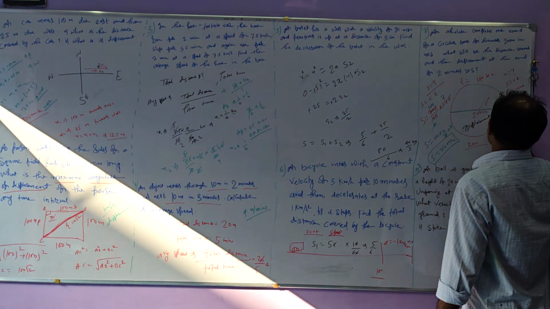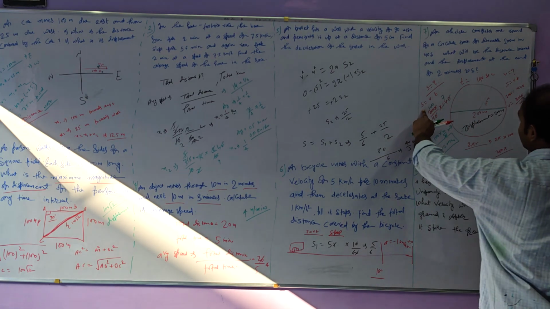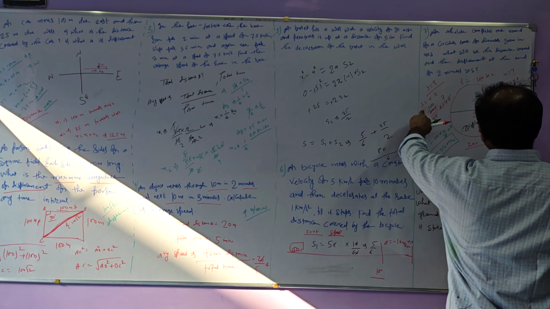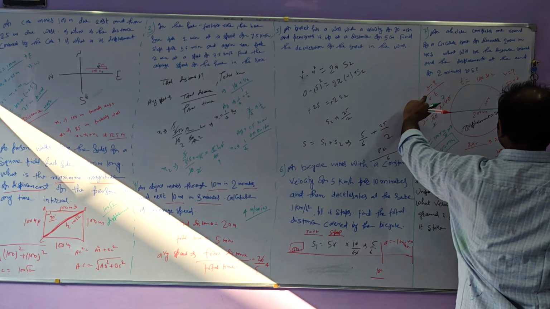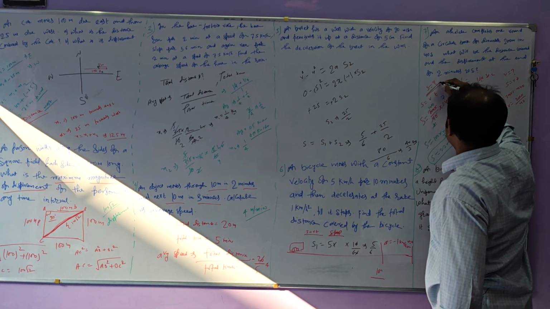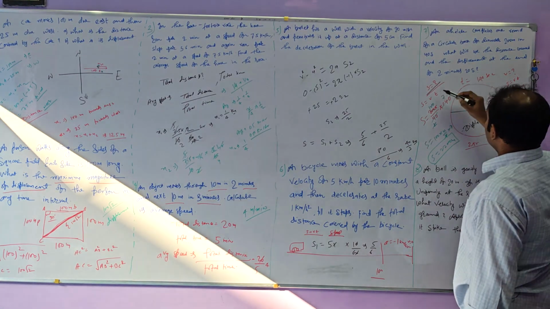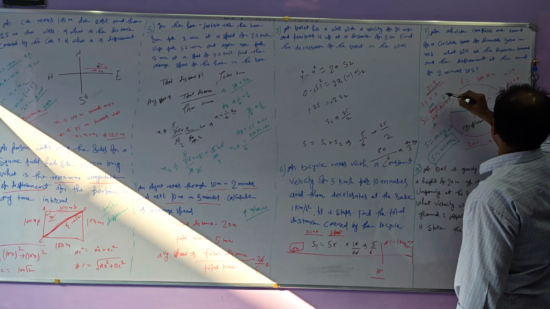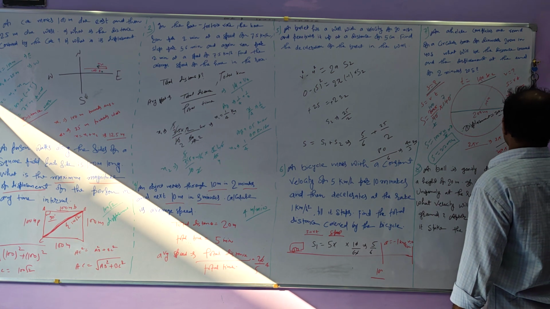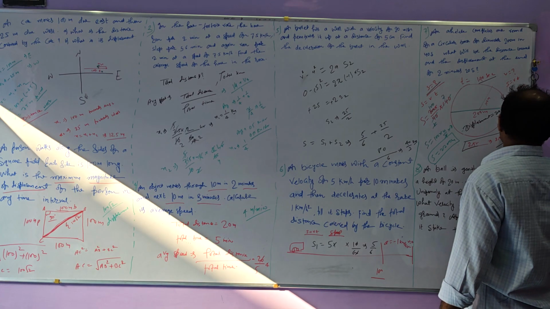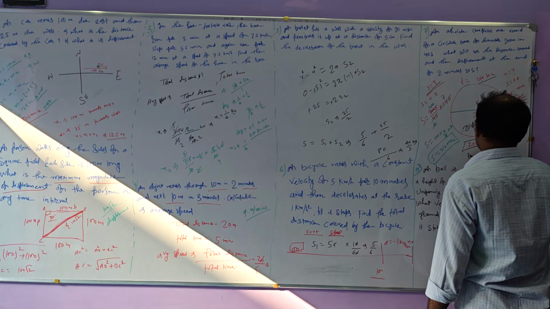Displacement is 200 meter. Here we need to find out distance at an interval of 140 seconds. Here distance is not given, and this is 2 pi into 100, which is related to the circumference of the path.